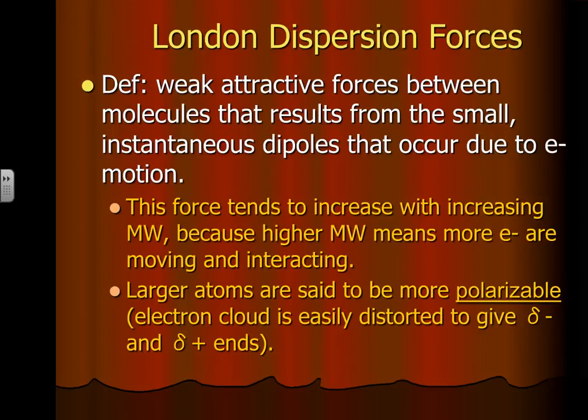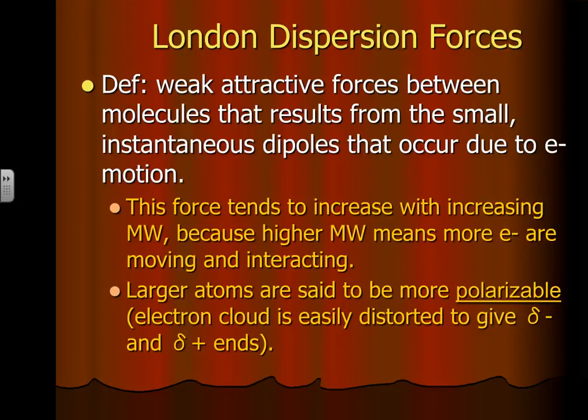Larger atoms are said to be more polarizable. Electron cloud is easily distorted to give partial negatives and partial positive ends. So polarizable, the ability to form a pole, and we're talking poles in chemistry, we're talking about positives and negatives. So the larger the atom, or the larger even the molecule is, the more polarizable it will be, hence the stronger the London dispersion forces will be.